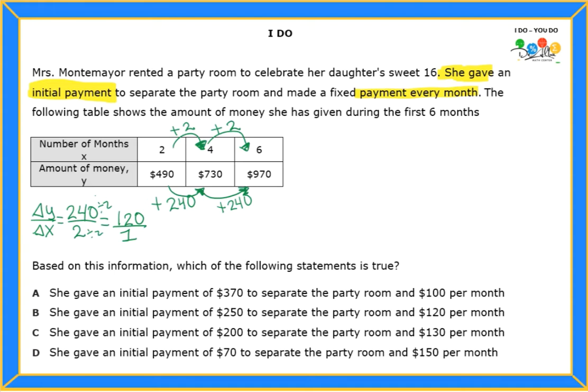And that, like I said, is called your rate of change. Okay? Now, you need to remember, and I hope you remember, that the rate of change is the same as a slope. Is that right? Okay? So basically, I'm finding slope for that.